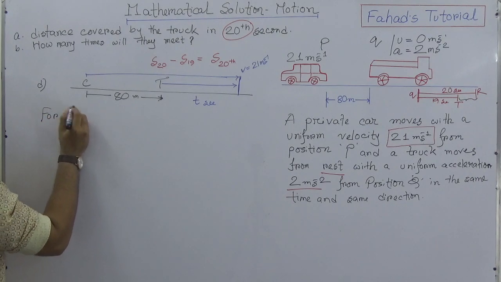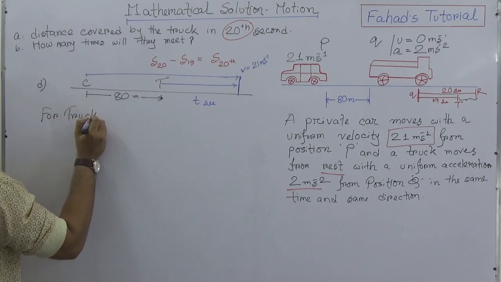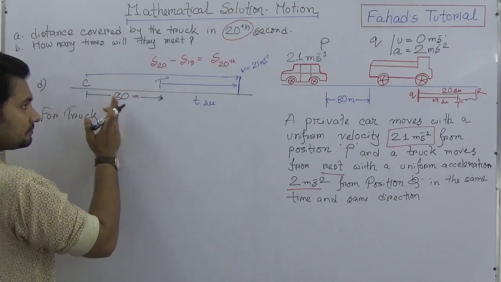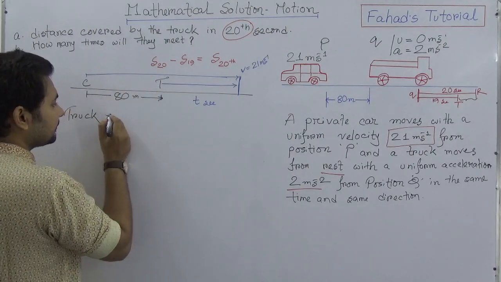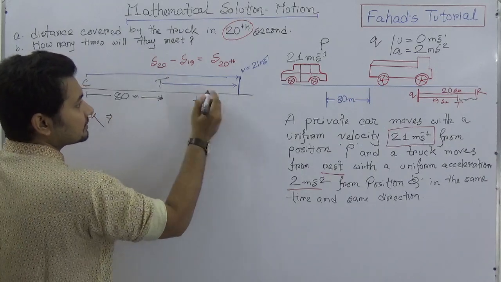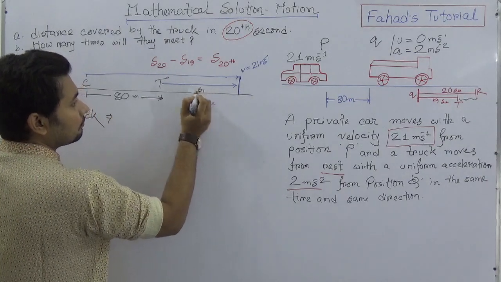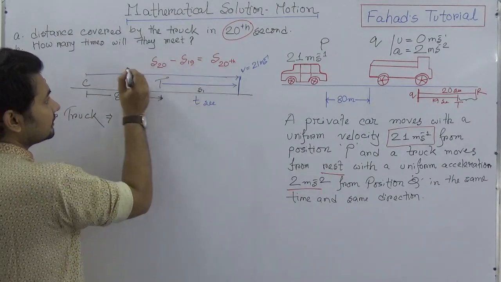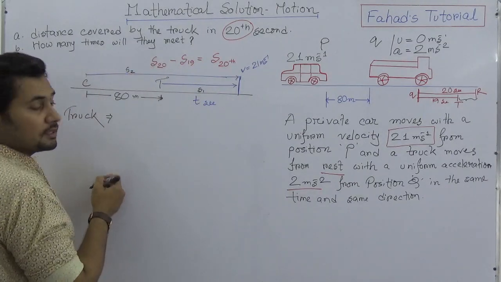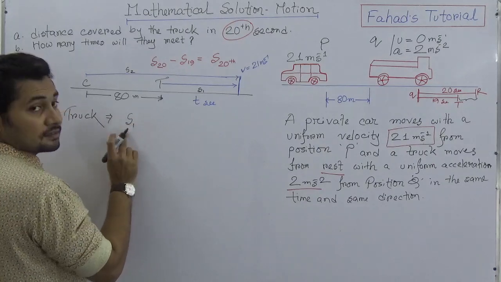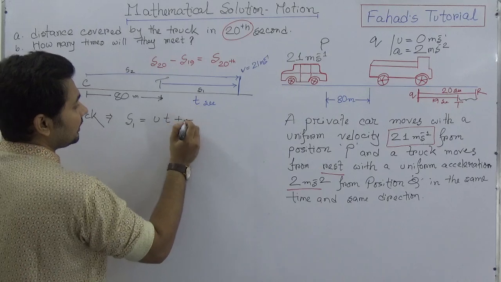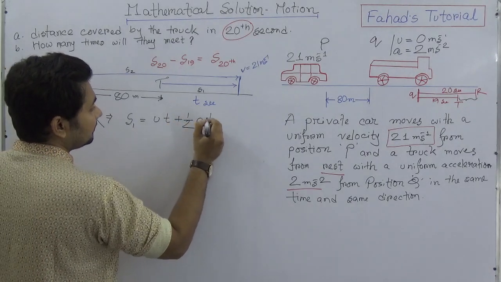Now for the truck, we know it starts from rest. If I say this distance is S1 and this distance for the car is S2, then for the truck S1 is equal to ut plus half a t square.